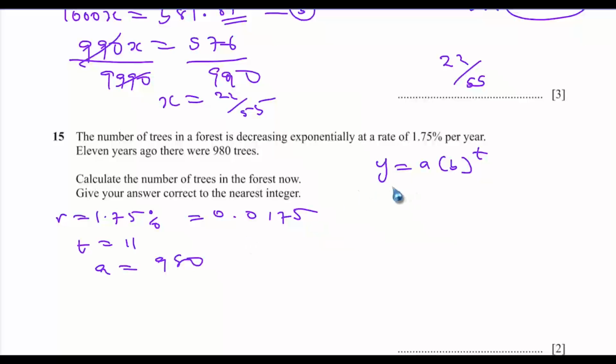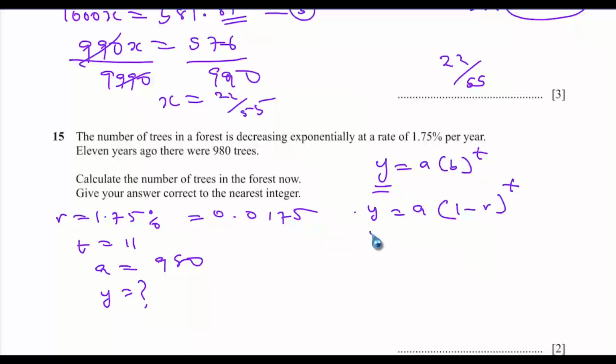So we need to calculate the number of trees in the forest now. So that is the value of y. So using this, and we know that we are dealing with exponential decay, the value of b will be 1 subtract r. Okay, so using this formula now, y equals to a into b will now be 1 minus r to the power of t.